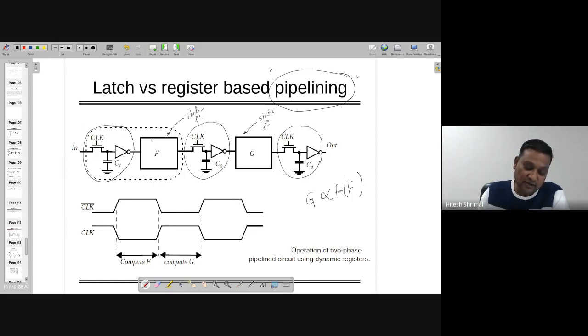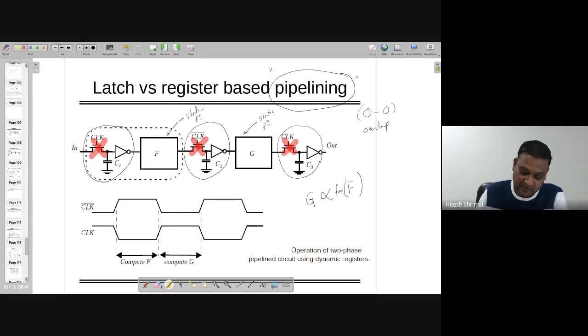I suggest combining both of them together, and you can have some circuitry which is going to give you better output. Let's assume that if a 0-0 overlap occurs, 0-0 will make sure that all these transistors are off, so no data is moving.